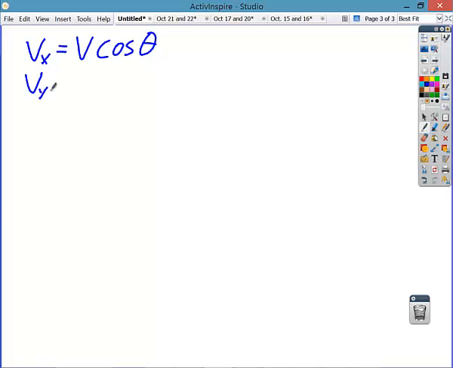Velocity in the y dimension will be equal to velocity sine of theta. This comes from SOHCAHTOA. Remember we did SOHCAHTOA? Sine is opposite over hypotenuse.